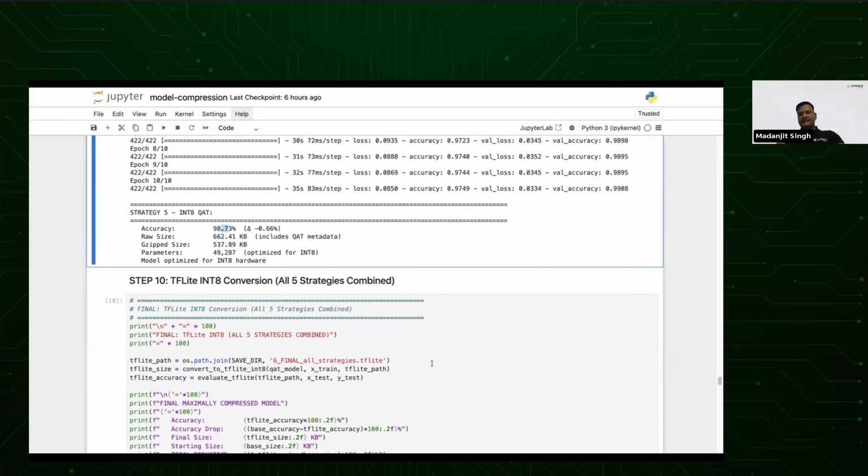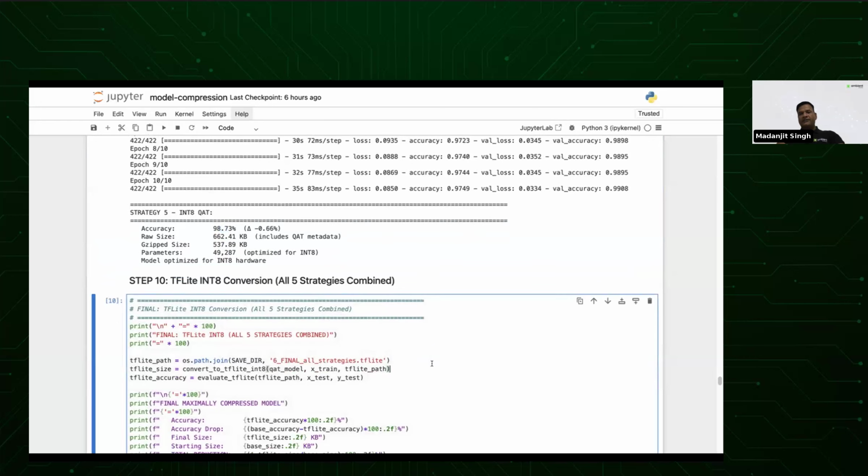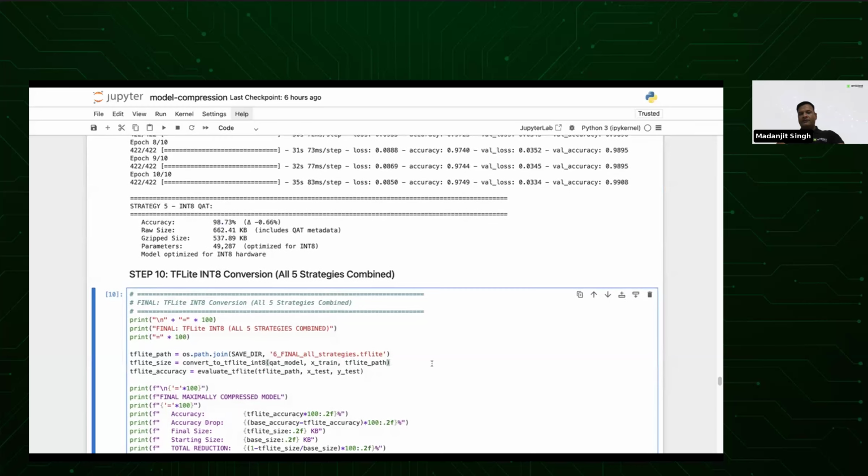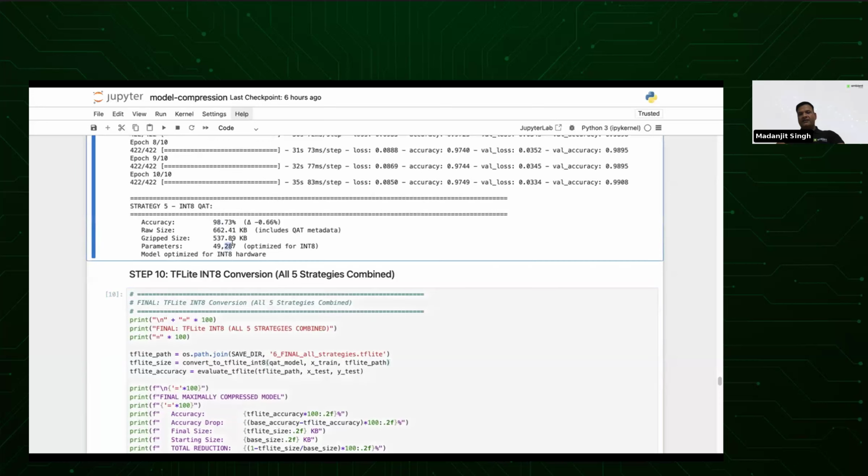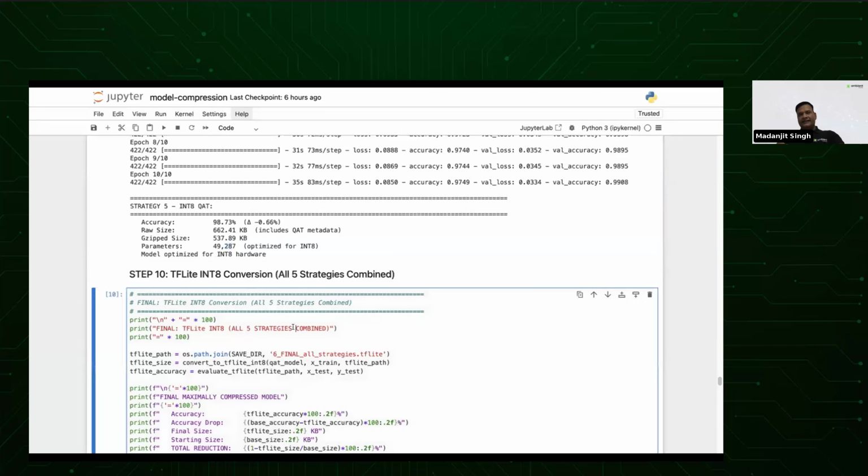And then this is the last. To realize whatever you have done, you have to convert into int 8. Otherwise, up to this point, your model will have floating point weights and biases. To actually realize int 8, each weight will be converted to int 8, from 0 to 255 or minus 128 to plus 127.